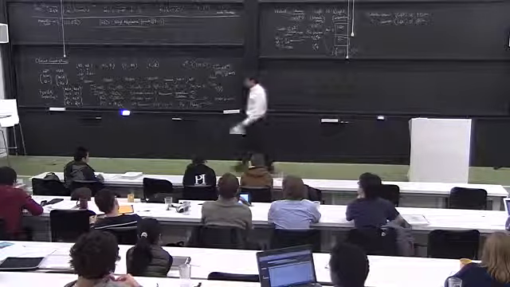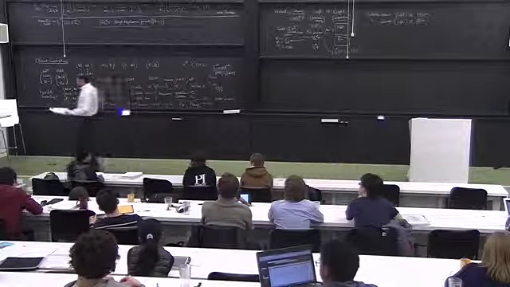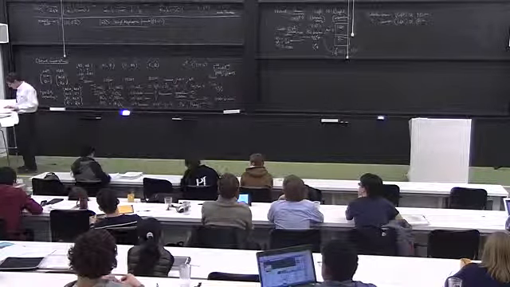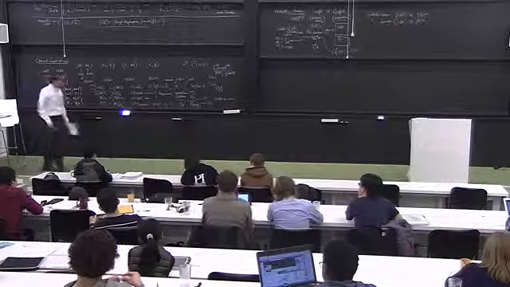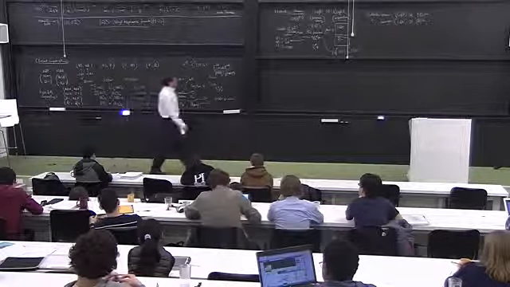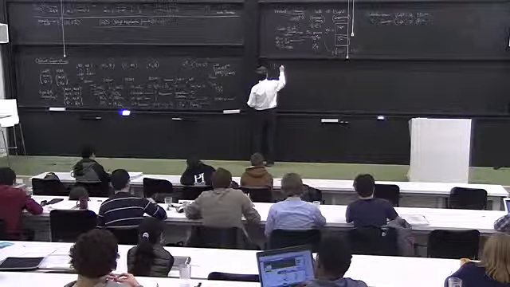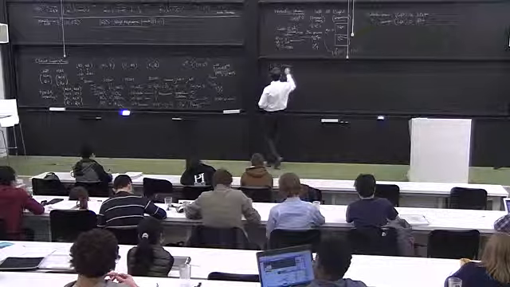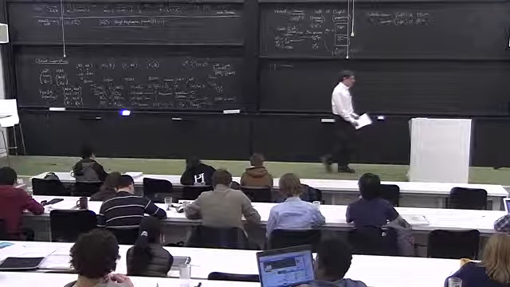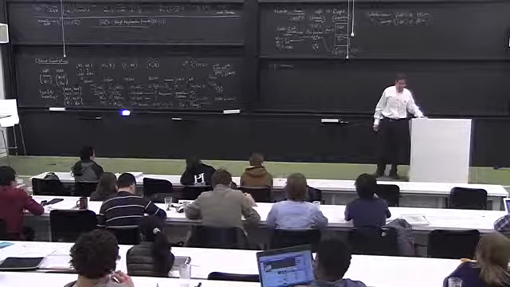Okay, so last thing, I want to tell you something about D-branes. Happily, we know enough that this is not complicated. D-p brane. What is a D-p brane? It's a brane that has p spatial dimensions.